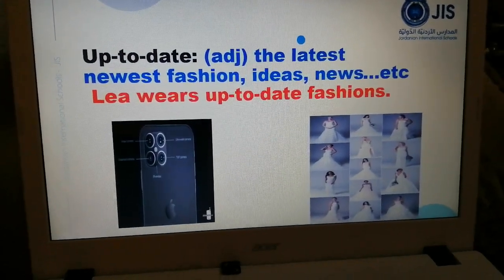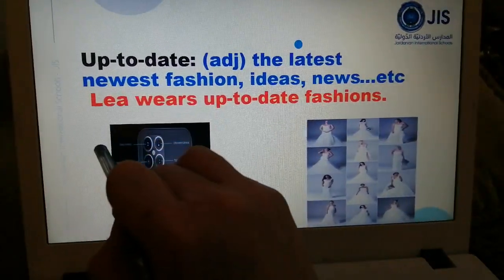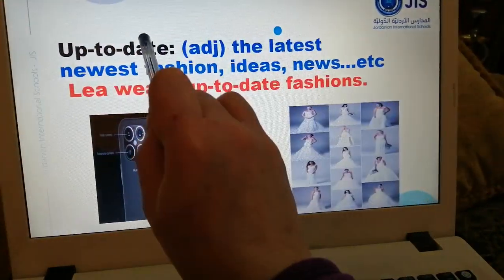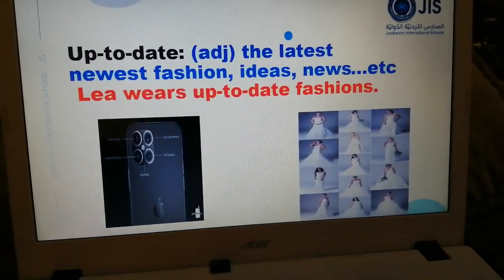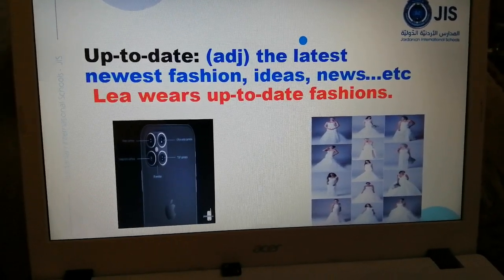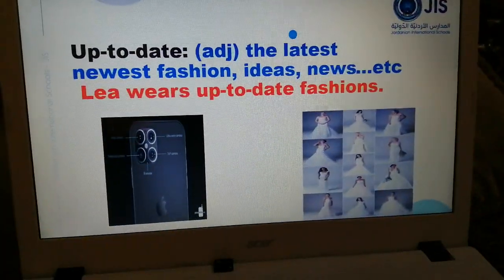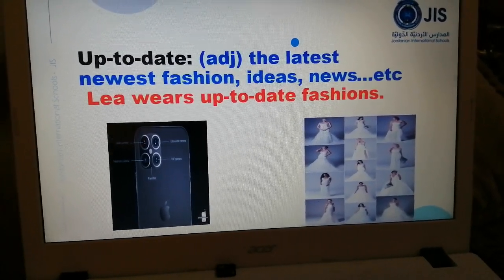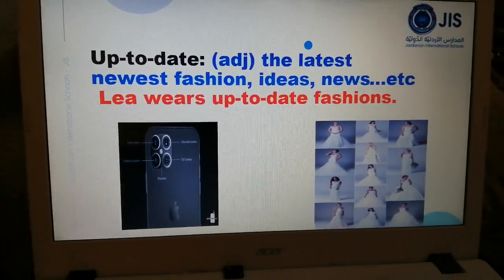Up to date, it's a hyphenated compound word because it has a hyphen. And up to date together, it is an adjective and it means the latest and the newest fashion, ideas, news, things, and so on. It's a hyphenated compound word and it means the latest and the newest things like fashion, ideas, mobiles, computers, news, and whatever.